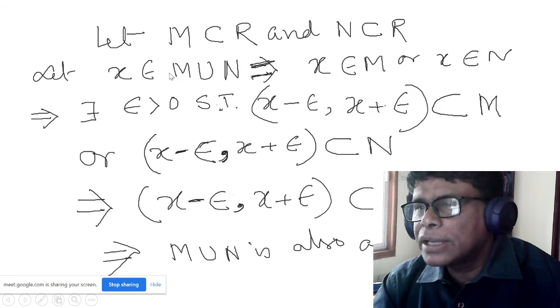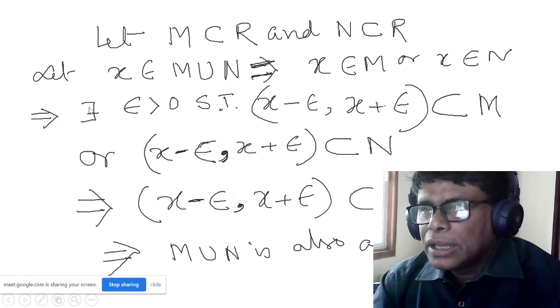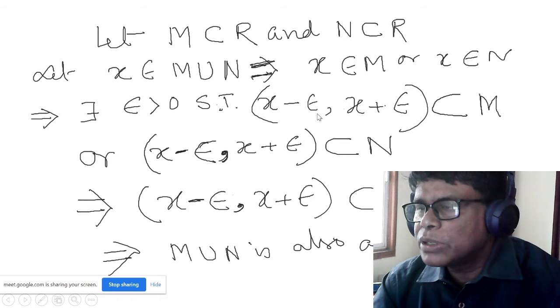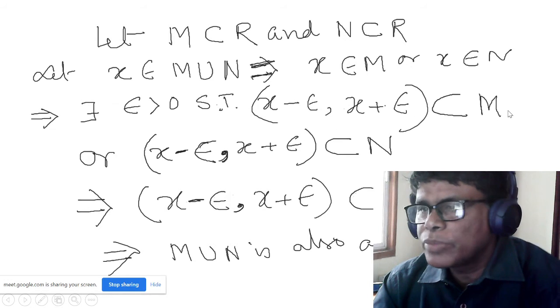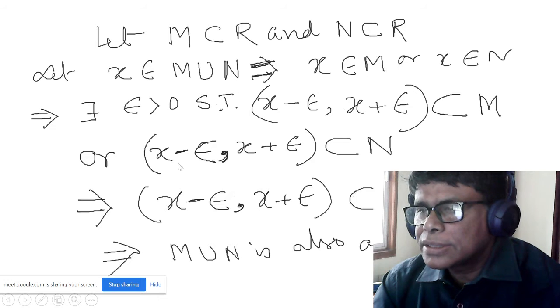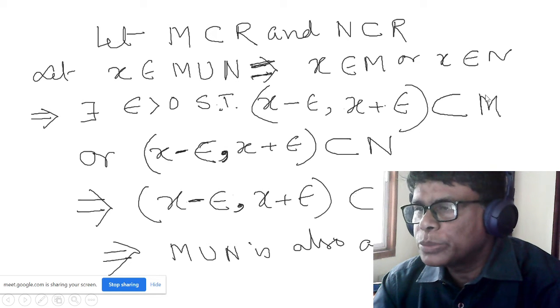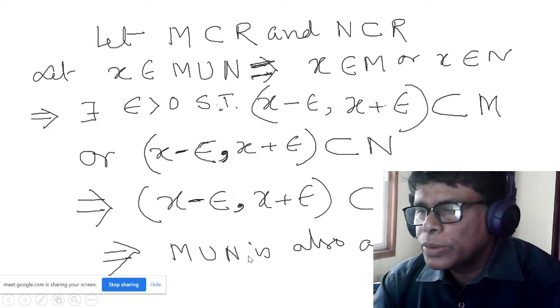This implies that x belongs to M or x belongs to N. So there exists epsilon greater than 0 from the definition of the neighborhood, such that the interval x minus epsilon to x plus epsilon belongs to M, or this interval is contained in N. So these two are true. Then this interval also belongs to this union, so the union is also a neighborhood.